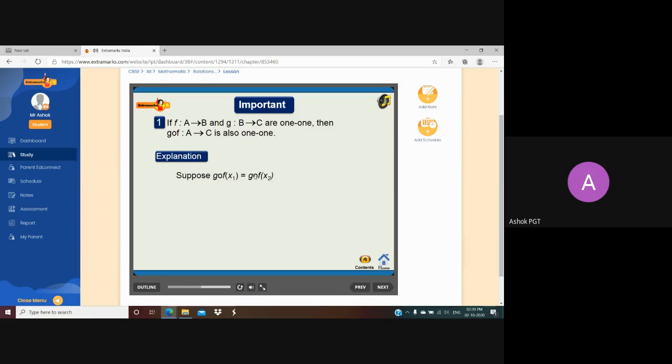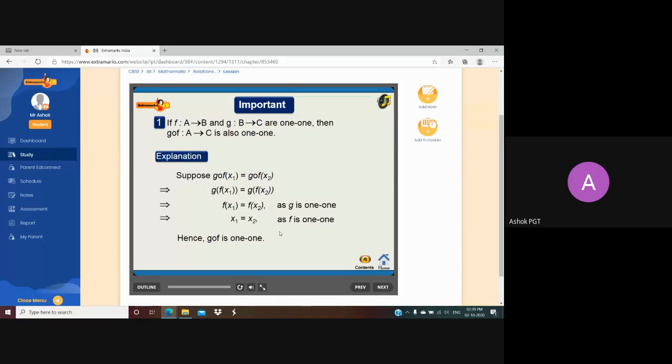Then g of f x1 is equal to g of f x2. Hence, f x1 is equal to f x2, as it is given that g is 1-1. And it implies that x1 is equal to x2, as f is 1-1. Therefore, the composition of f and g is 1-1.